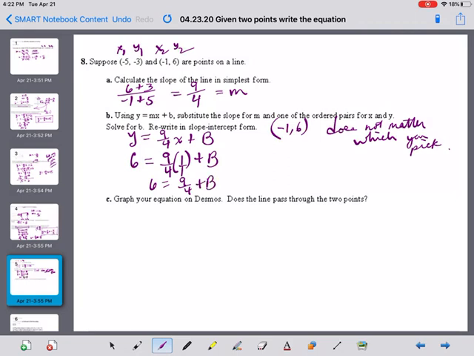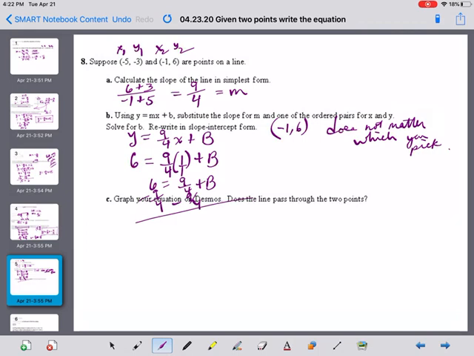So 6 equals 9/4 times -1 plus b. So then subtract the 9/4. Okay, and these are a little harder than a lot of them that you're going to see. So you get the b by itself. I know you love those fractions. So now you have 6 minus 9/4.